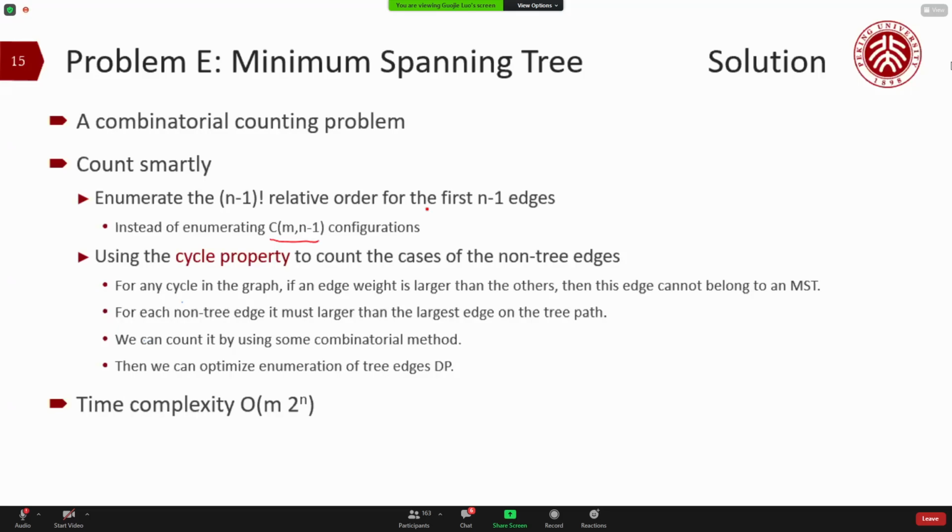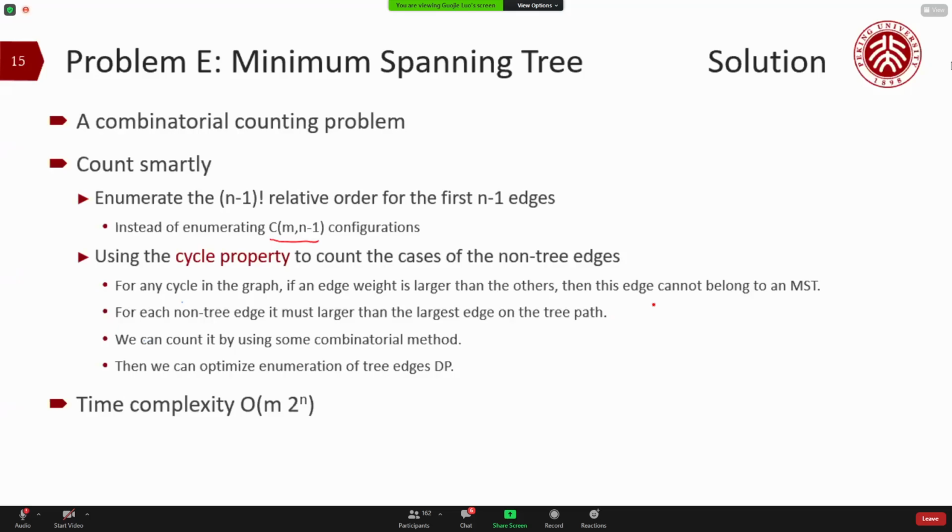So how about the weights for the non-tree edges? We use the well-known cycle property to count the cases of non-tree edges. The cycle property is that for any cycle in the graph, if an edge weight is larger than the others, then this edge cannot belong to a minimum spanning tree.